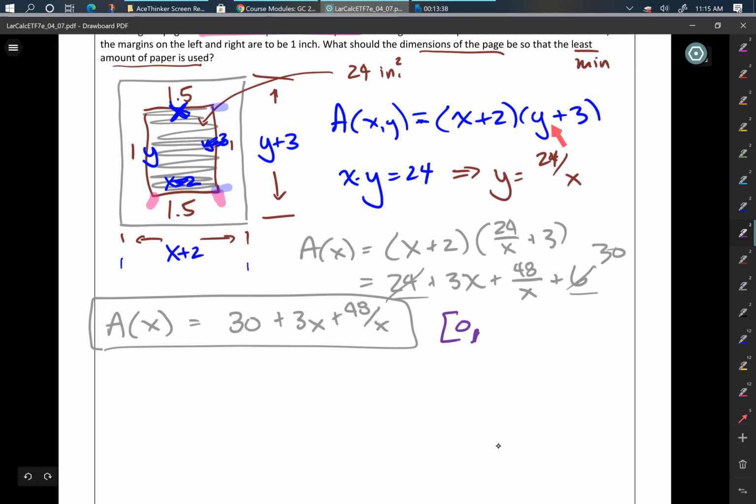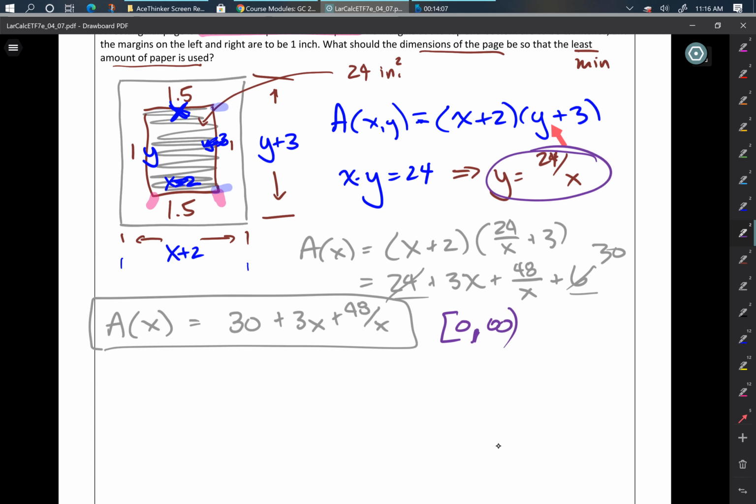And there probably is some upper limit on what x could be before this rectangle would get so wide that it would be silly in terms of its height. But I'm not going to worry about that. There's no mathematical reason for x to get too big that would make y turn negative or anything like that. Because there's nothing in the math that's going to say it could get too big. So I'll just use infinity.